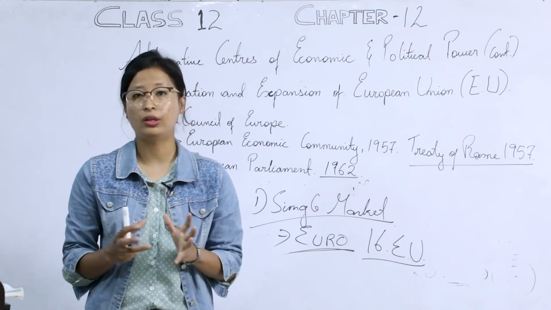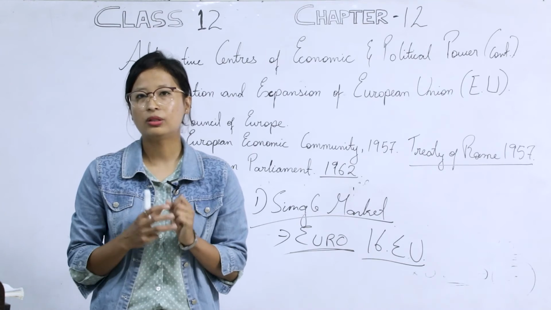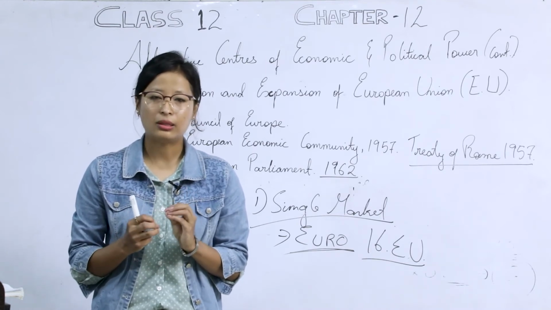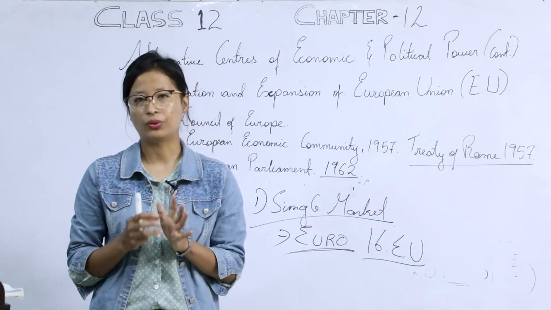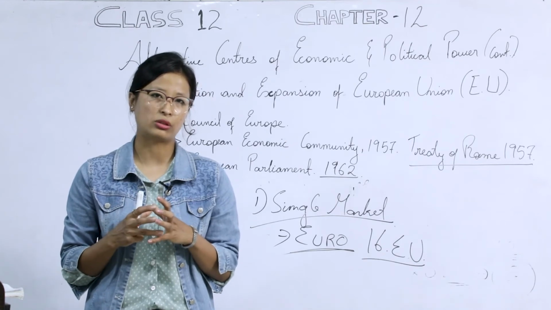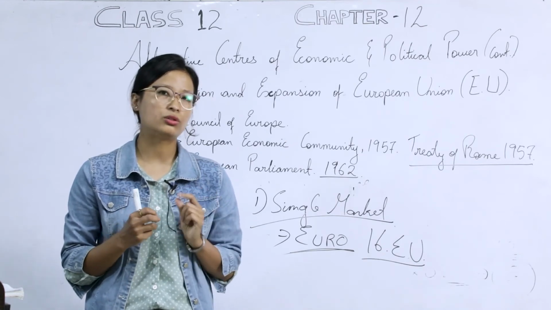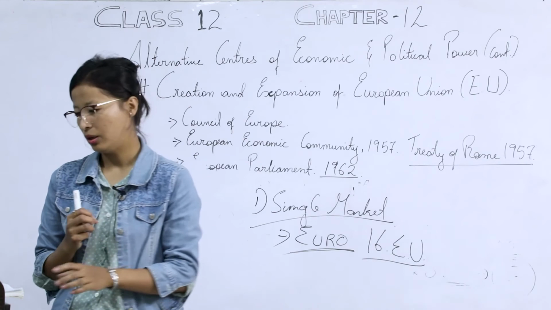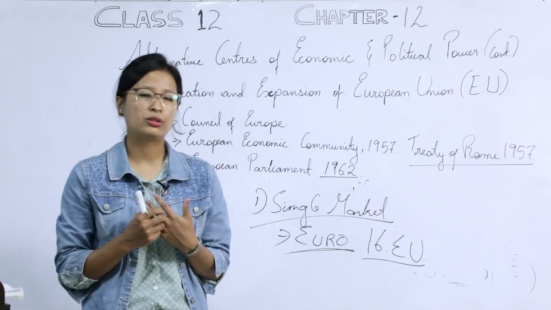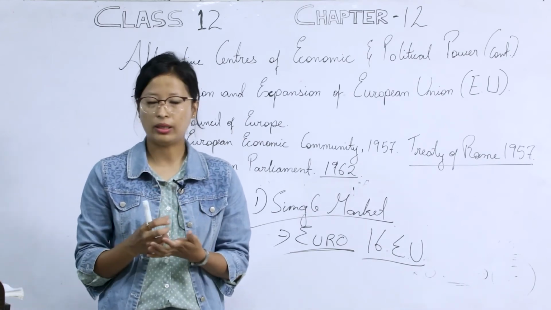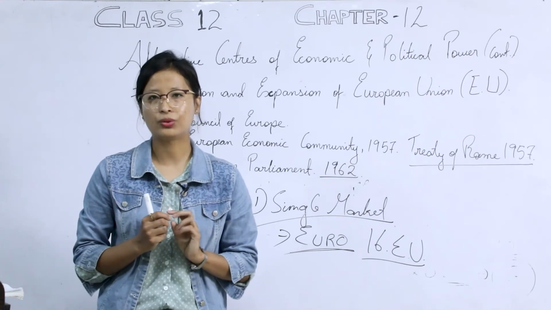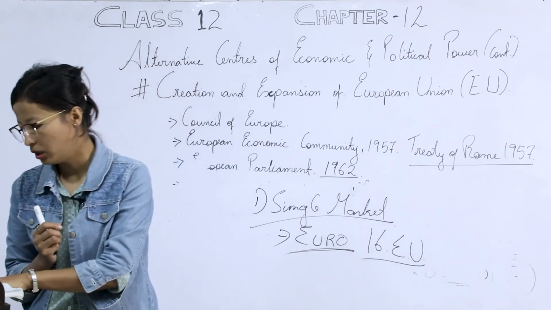They do not have a common military force, all right? But this does not mean that they are left alone. The combined EU military force is second only to the United States of America. When it comes to the defense budget, it is again only second to the USA.